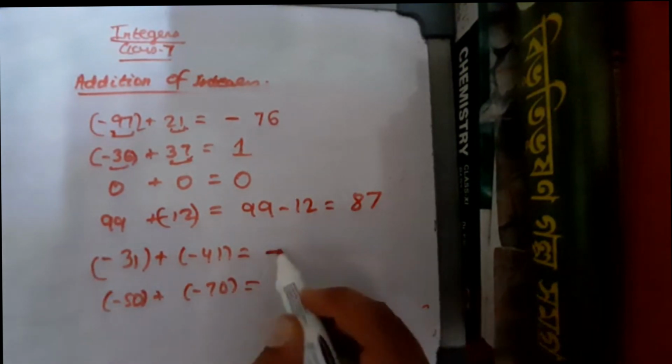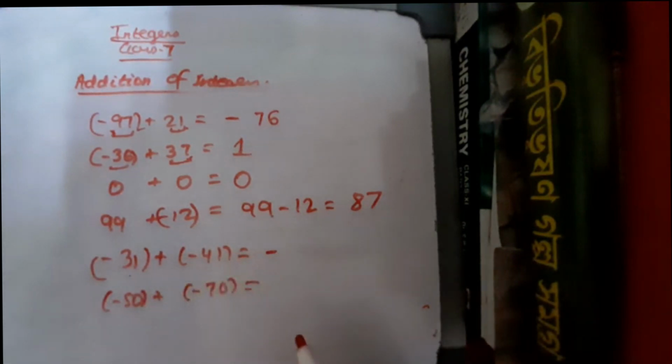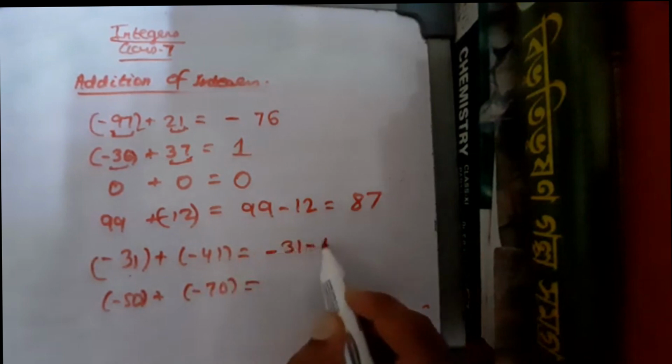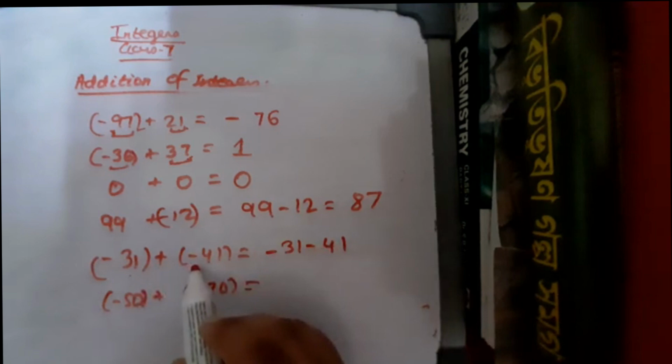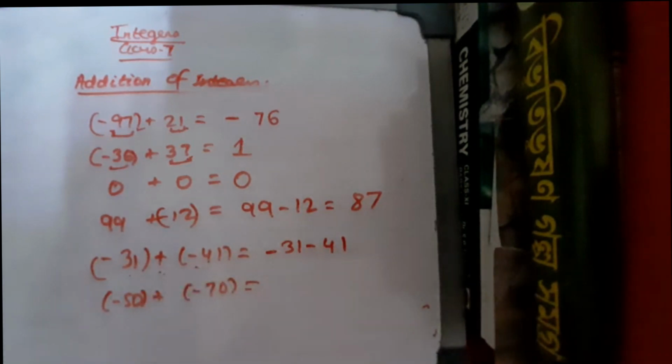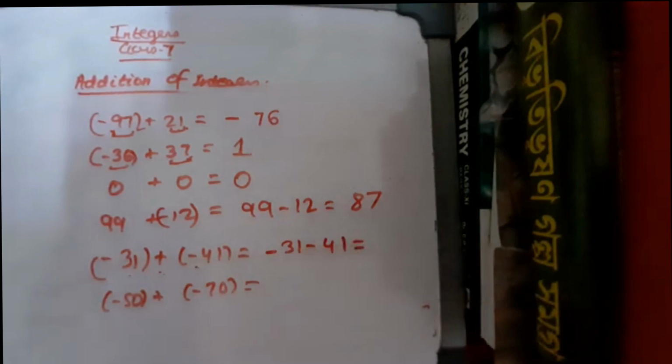And minus 31 plus minus 41 is the same as saying minus 31 minus 41. Okay, so if you have addition and subtraction signs simultaneously, you can make the addition sign vanish by writing it like this. But here you do not have to do subtraction, mind you.